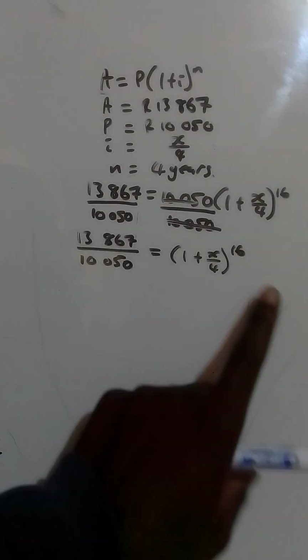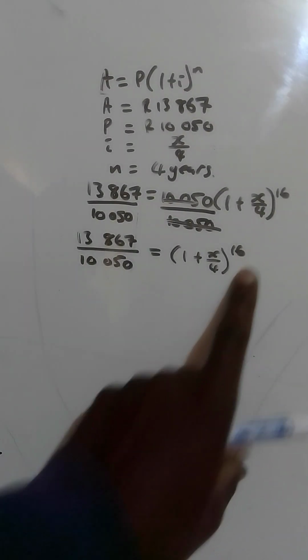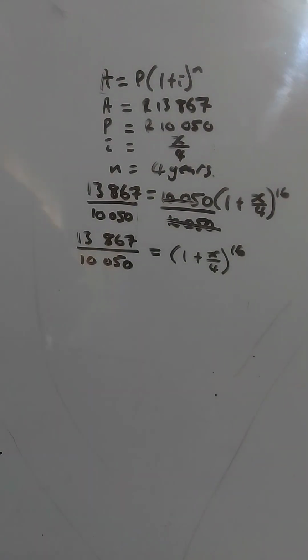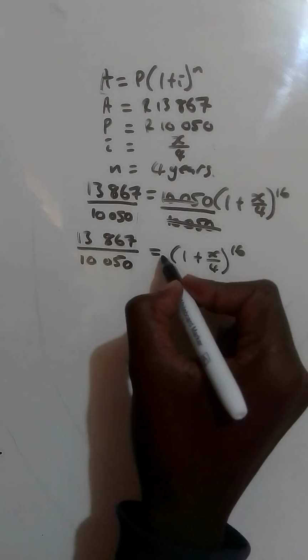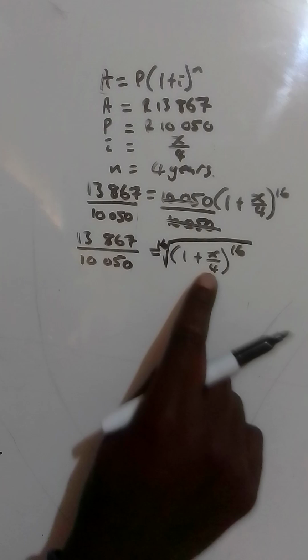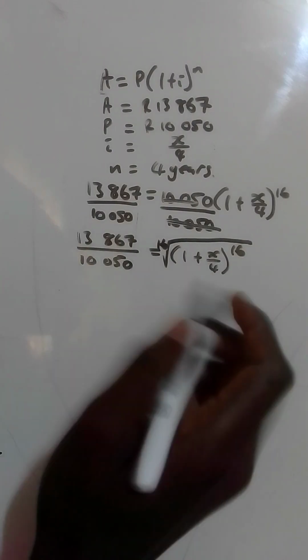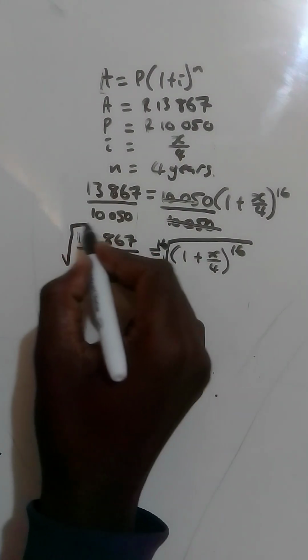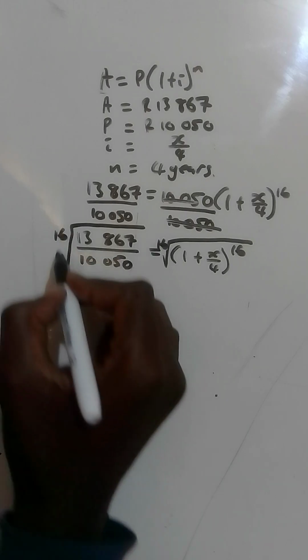Now we want to get rid of this power 16, so we use the opposite, which is the 16th root. So we say the 16th root. But remember, what we have done on the right hand side, we must do on the left hand side. So we also say the 16th root here.